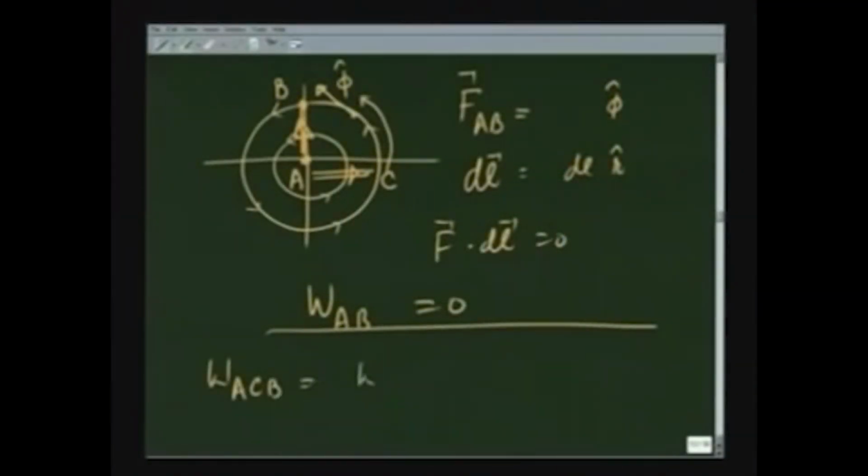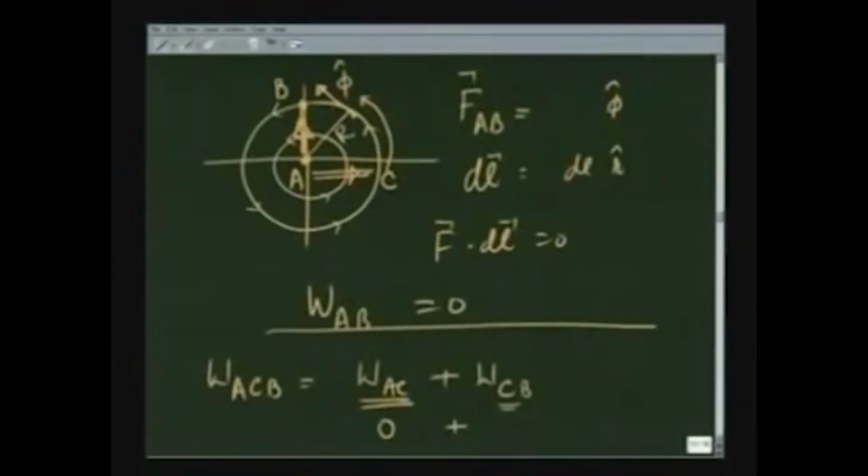This is going to be work from A to C plus work from C to B. Work from A to C is like work from A to B, therefore 0, but this is not, because here the displacement and the force both are in phi direction. In fact, if F depends only on the radial distance, then work ACB is going to be the force at radius r times pi over 2 r, which is non-zero.